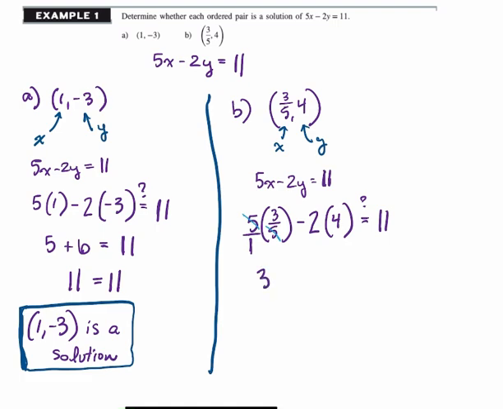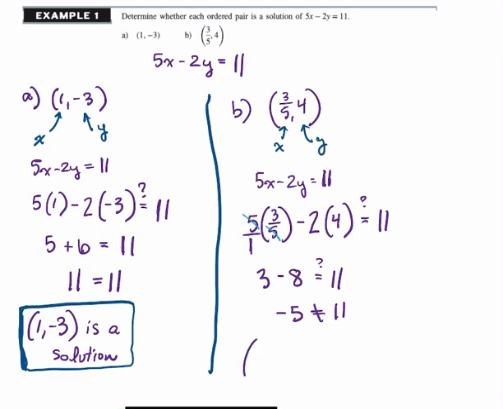And then negative 2 times 4 is negative 8. So is this equal to 11? 3 minus 8 will give us negative 5. If it was a plus, it would be true, but since we're subtracting, we'll get negative 5, which is not equal to 11.